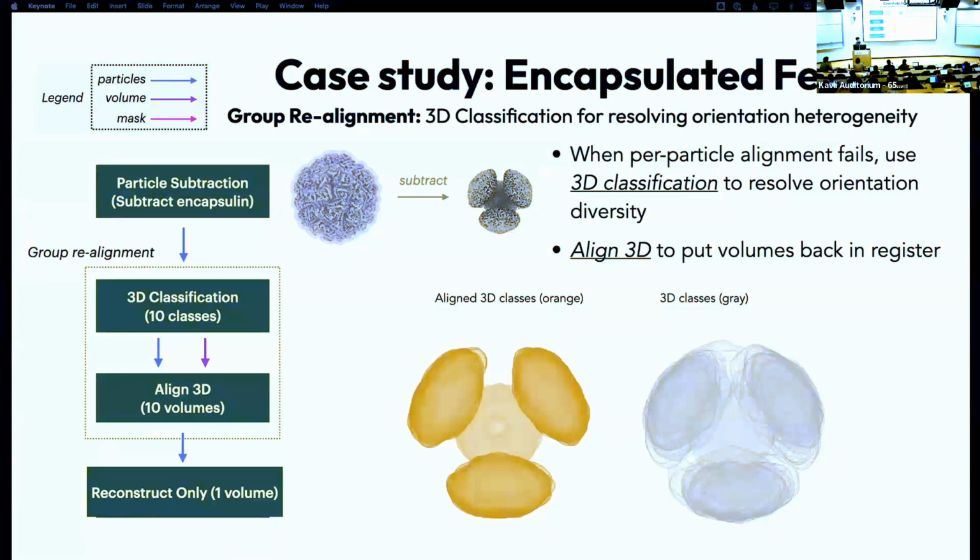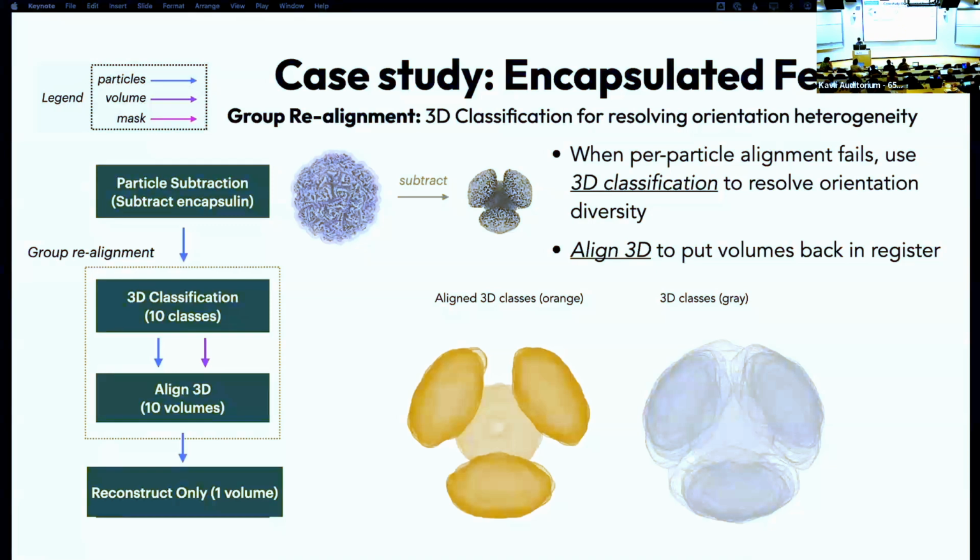And this also ties into why the position of the tetrahedron relative to the icosahedral symmetry axes is so poorly defined. It doesn't seem to be constant at all based on the 3D classes we got in gray. There's just so much discrepancy in the orientation of these encapsulated ferritin. And keep in mind, these alignments are from the aligned encapsulin structure. So we would expect if there's any coherent detail aligned to that structure, it should show up here.